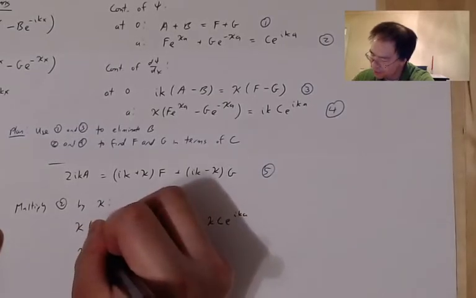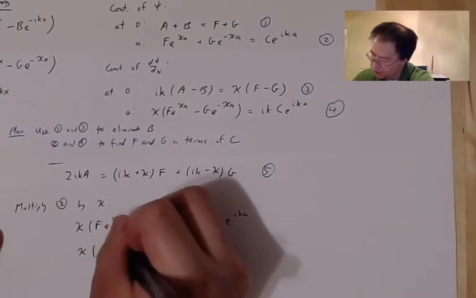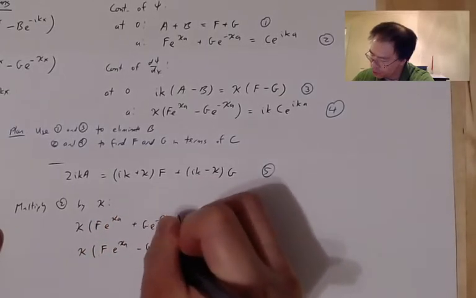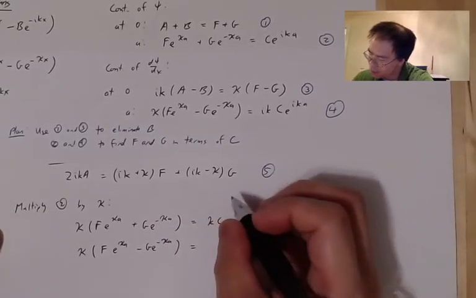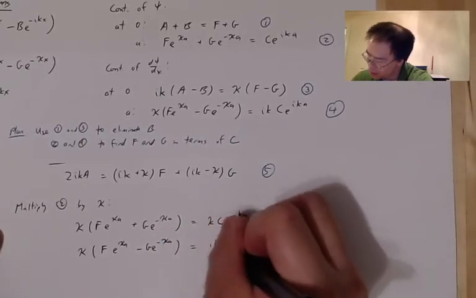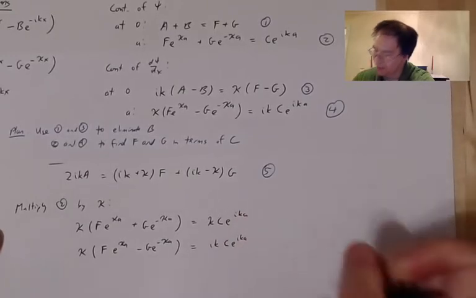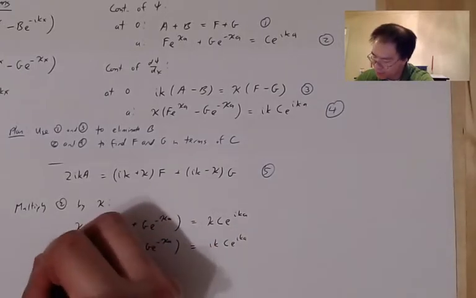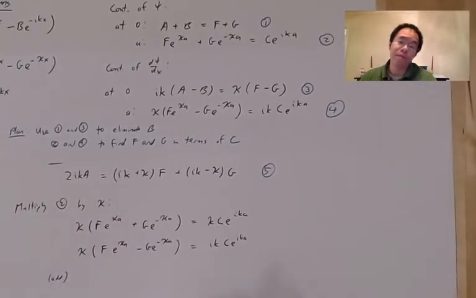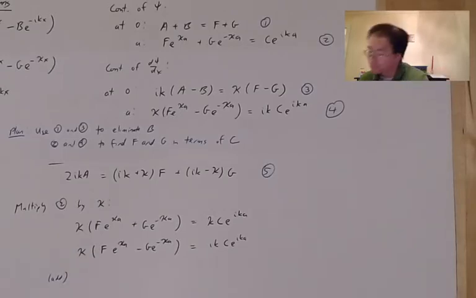And so this gives me f e to the kappa a minus g e to the minus kappa a equals ik c e to the ik a. Okay, now if I add these two equations, I'll be able to get f in terms of c.